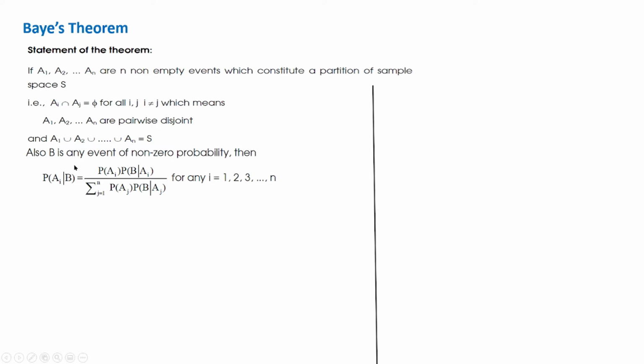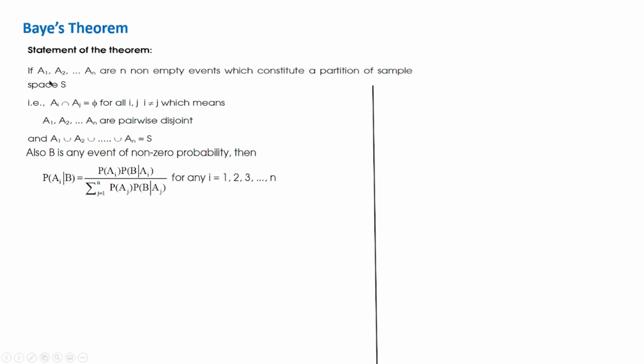If B is any event of non-zero probability, then we have probability of Ai given B equal to probability of Ai into probability of B given Ai upon summation j is equal to 1 to n, probability of Aj into probability of B given Aj, for any i equal to 1, 2, 3 up to n. So this is basically Bayes theorem.